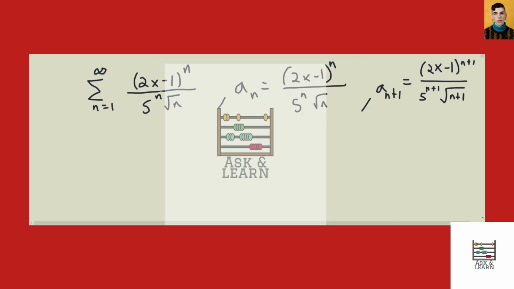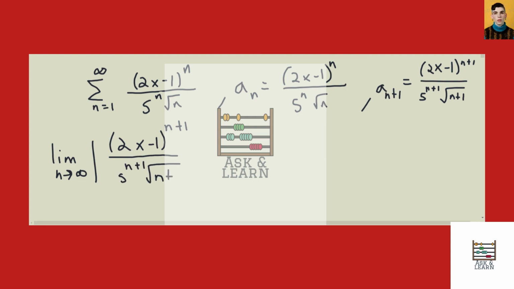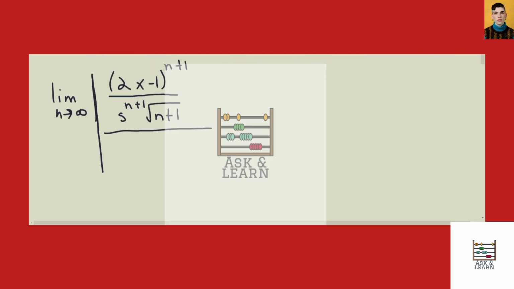All right, so in order to solve for the radius of convergence, we take the limit as n approaches infinity of the absolute value of a sub n plus 1 divided by a sub n, which is the same thing as (2x minus 1) to the n power over 5 to the n power square root n.